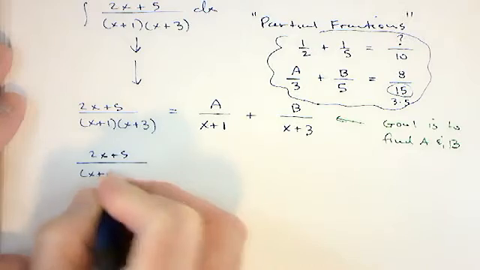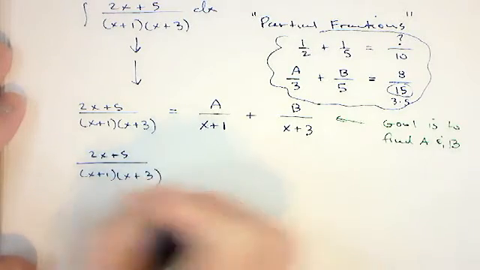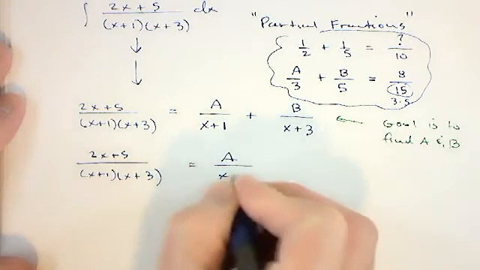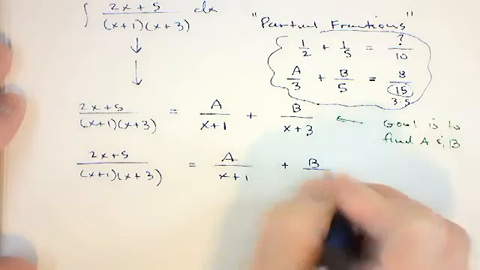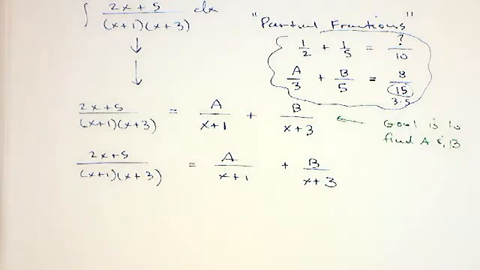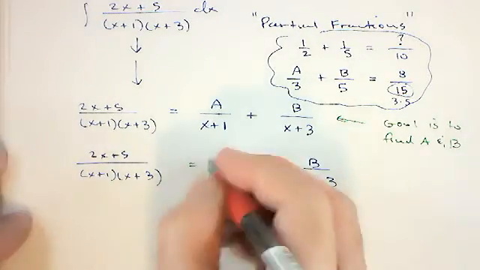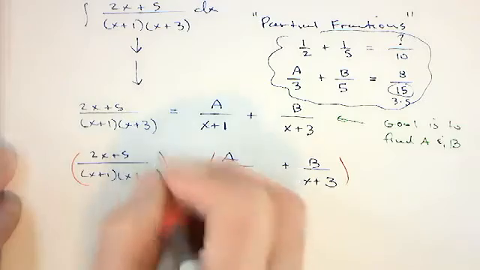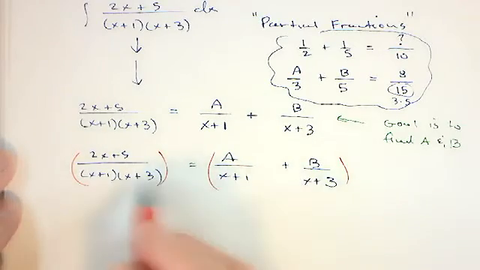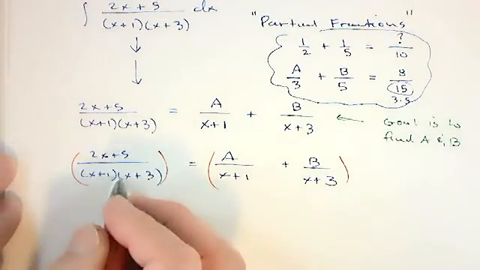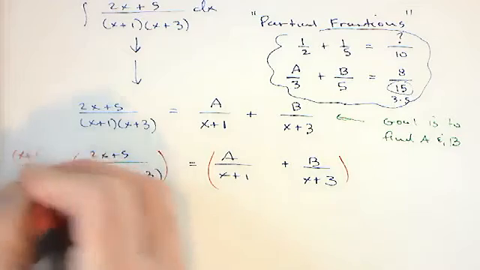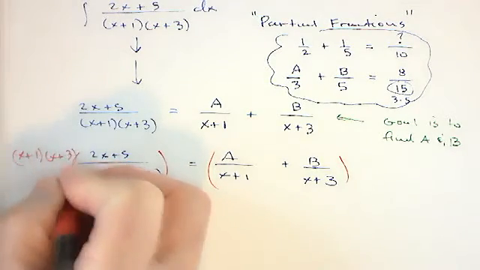We're going to take this expression and get rid of the denominators, by multiplying both sides by the lowest common denominator of the whole thing, which is x plus 1 times x plus 3.